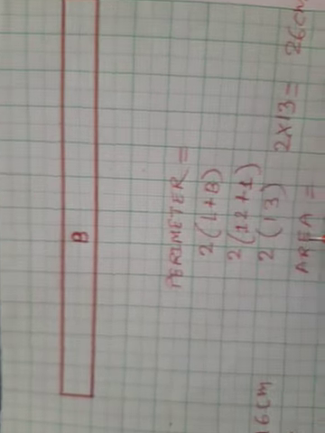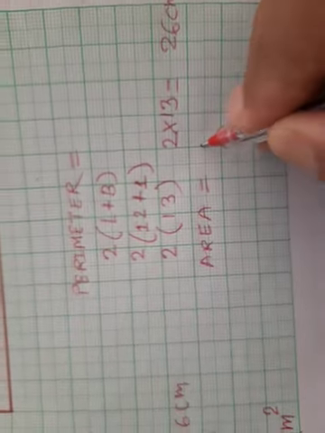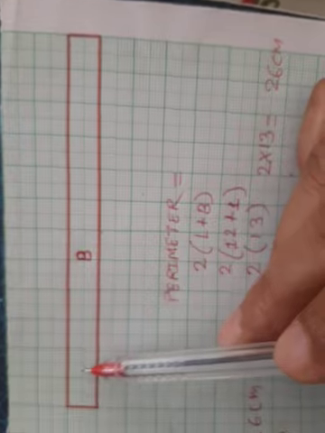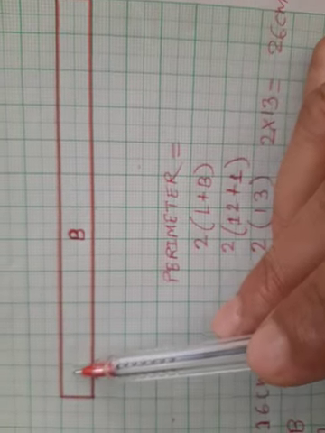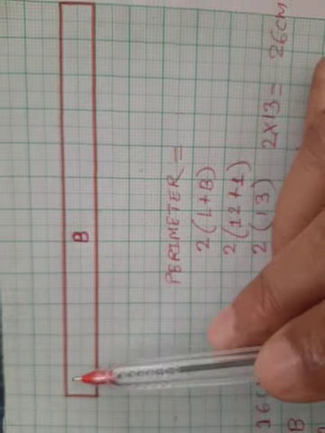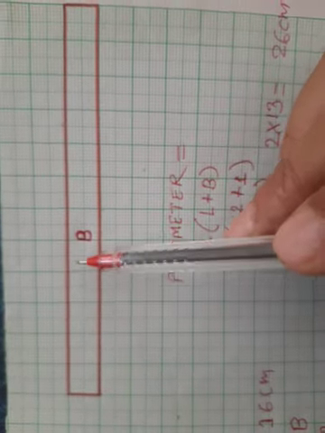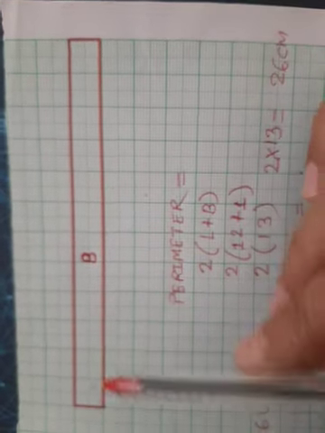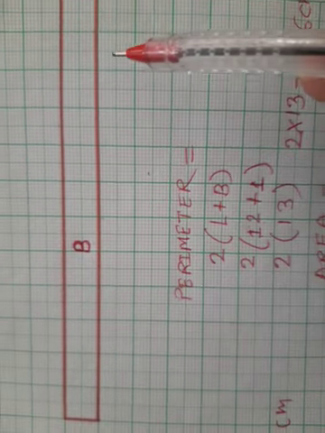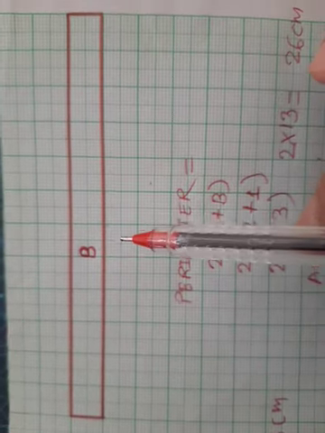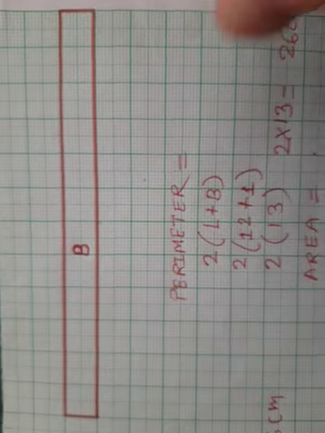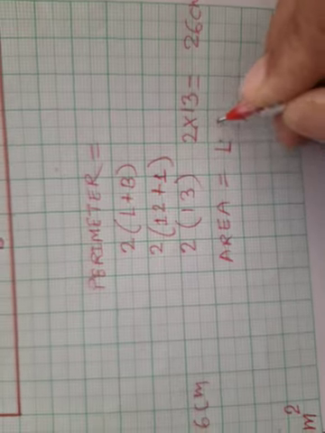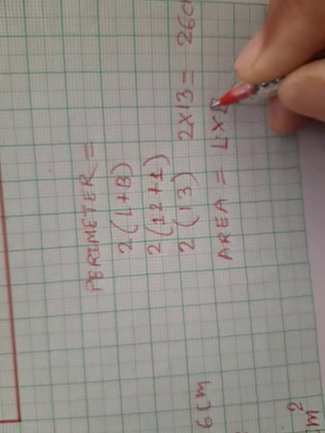Now we have to find the area of rectangle B also. The same formula will be applied. Before applying the formula, we can calculate manually the area of this rectangle. We will count the total number of squares: 1, 2, 3, 4, 5, 6, 7, 8, 9, 10, 11, 12. Here are 12 squares. So the area of this rectangle will be 12 centimeter square. But we have the formula also, which is length into breadth.